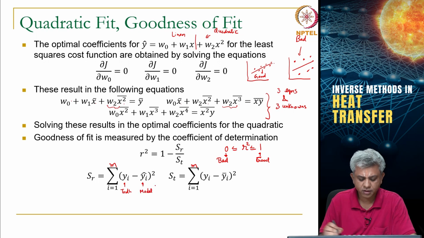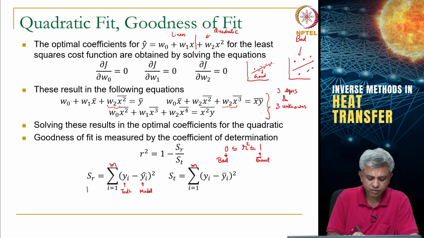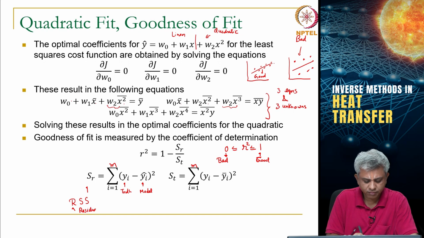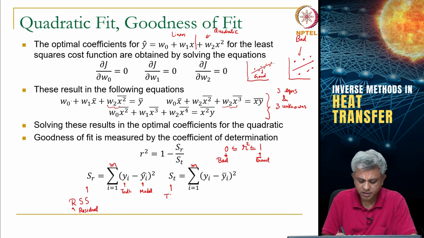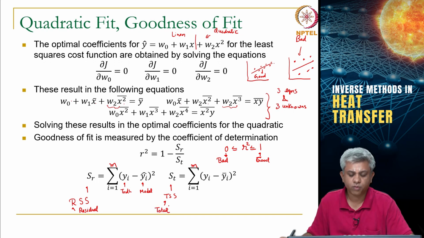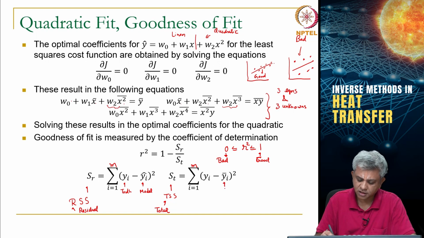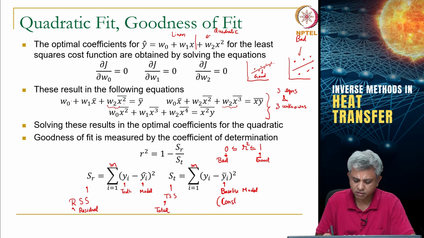Okay. So, SR is also called RSS, residual sum of squares, and ST is sometimes called TSS, total sum of squares. And what this indicates in this case is sort of a baseline model. A baseline model is simply a constant model, with every prediction simply being the average.